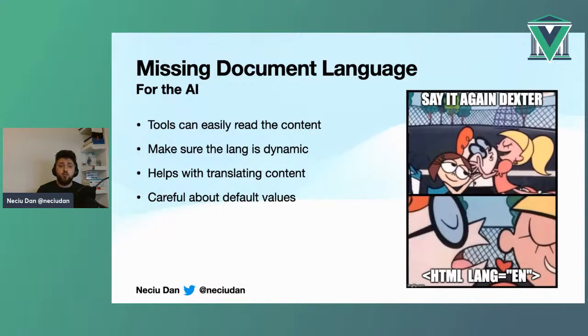So if you want to have your website in another language like Greek, it's always important that you change it. Or even better, if you have multiple languages and you're using internationalization, you have to make sure that this attribute changes dynamically when you change the language.